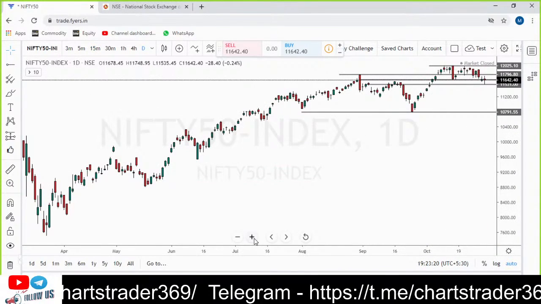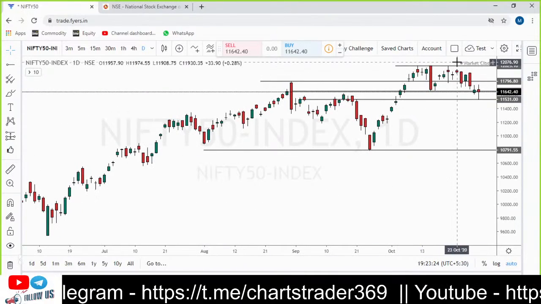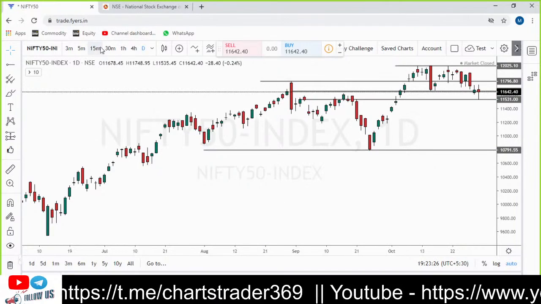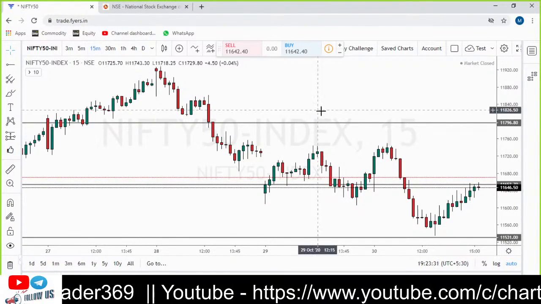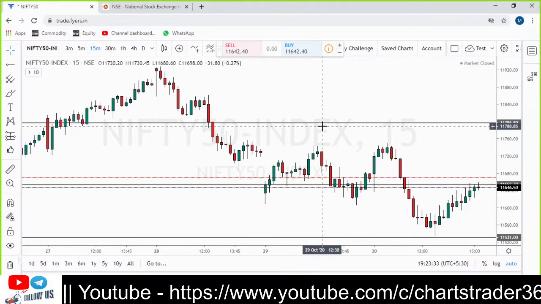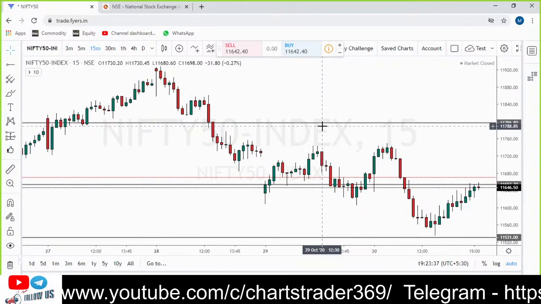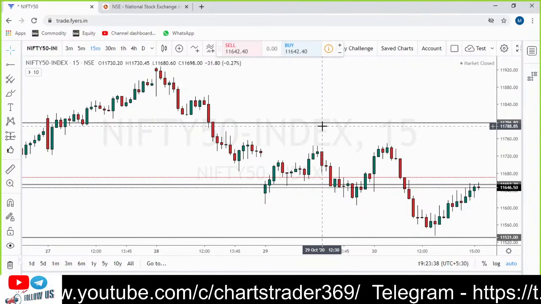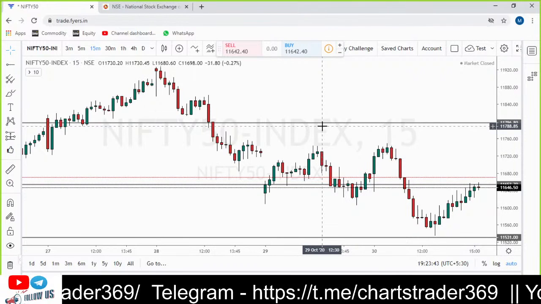I just marked a few lines, like candle lows or candle highs. Now I switched to the 15 minutes time frame. Can you tell me whether these lines are going to change if I change the time frame? How many of you say yes or no?